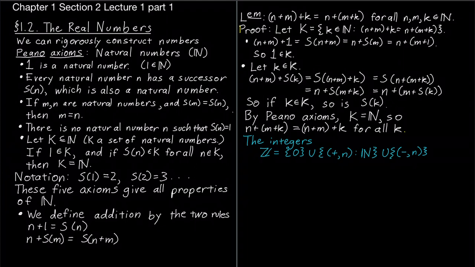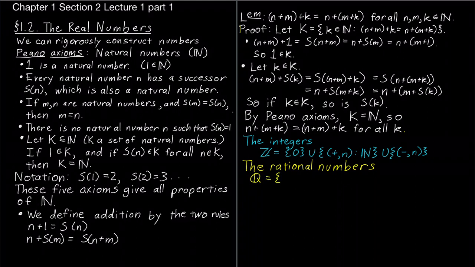And then you can define addition and subtraction and multiplication in the integers, and if you're careful enough, you can define the rational numbers. So once you have the integers, you can define the rational numbers.